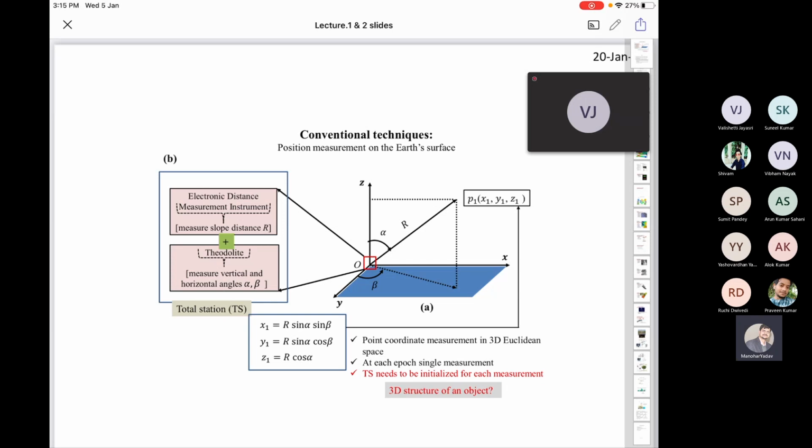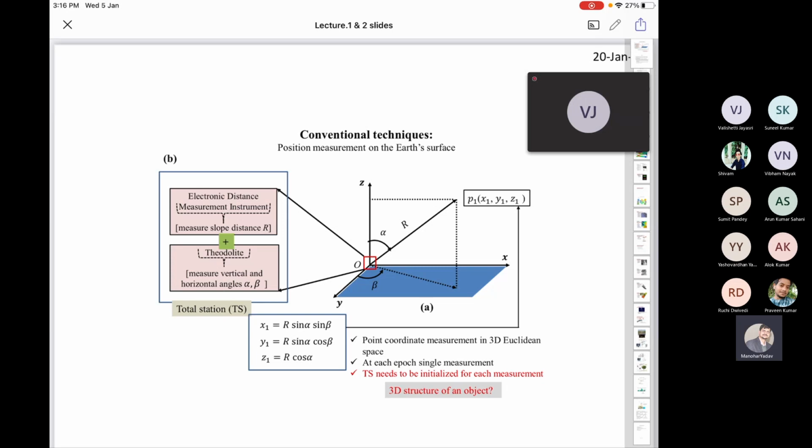If you combine the working principles of these two, EDMI and theodolite, it gives the working concept of the total station. Okay, so we can say that a total station has combined principles of EDMI and theodolite. So it is comprised of EDMI and theodolite.